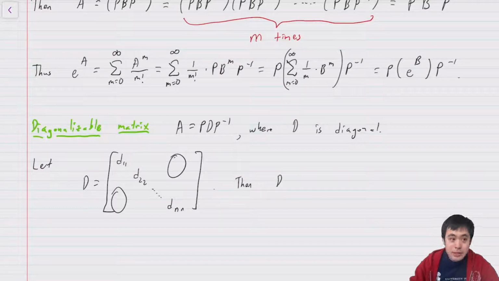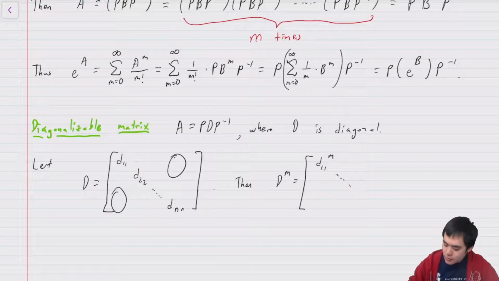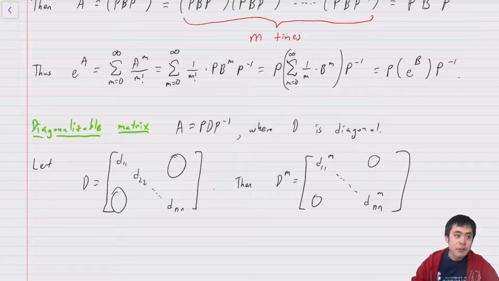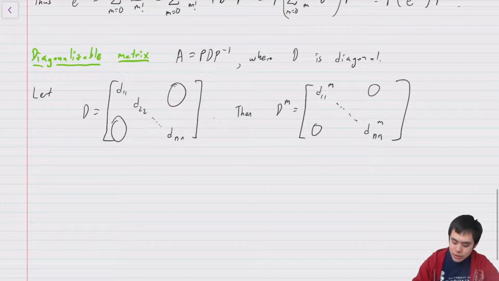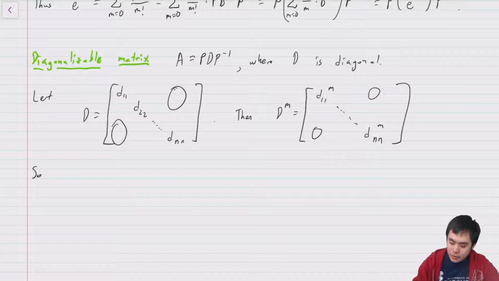So then, it's pretty easy to see that D to the m power is going to be equal to D11 to the m through DNN to the m, and zeros everywhere else. So we can write out e to the D using that.